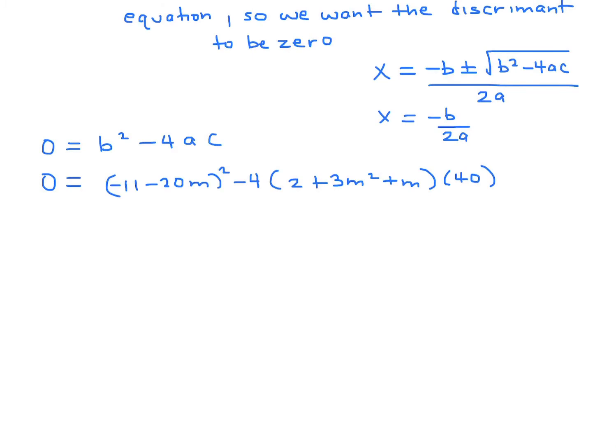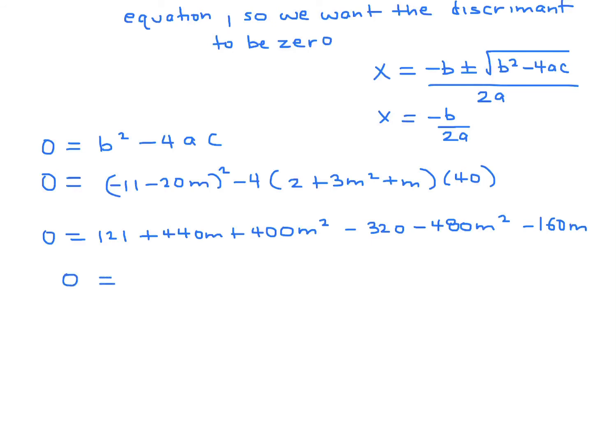So when you simplify this, let's see what we get here. 121 plus 440m plus 400m squared minus 320 minus 480m squared minus 160m, and when you collect like terms and all that, you get minus 80m squared plus 280m minus 199.